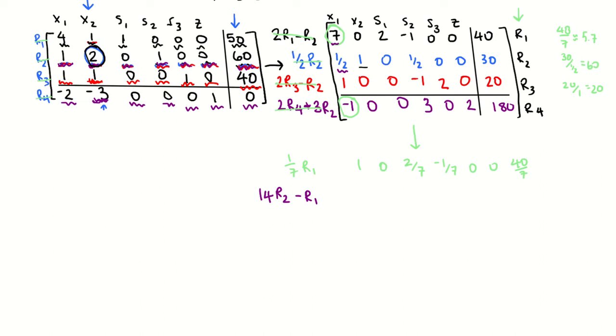So 14 times 1/2 is 7, minus 7 is 0. 14 times 1 minus 0 is 14. 14 times 0 minus 2 is negative 2. 14 times 1/2 is 7, minus negative 1 is 8. 14 times 0 minus 0 is 0. 14 times 0 minus 0 is 0. 14 times 30 minus 40 is 380.